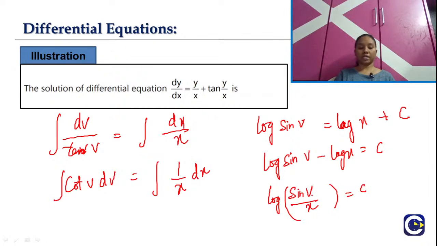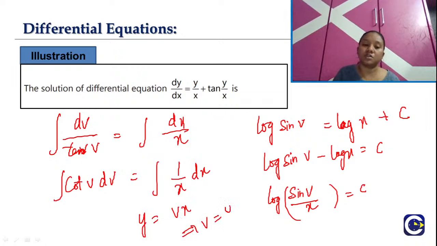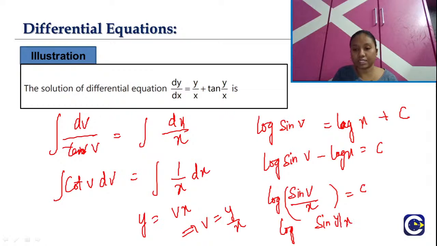In place of v, what we substituted was y equal to vx, from where v will be equal to y by x. So this will be log of sin of y by x, by x, is equal to constant. That's how we'll be simplifying the terms here.